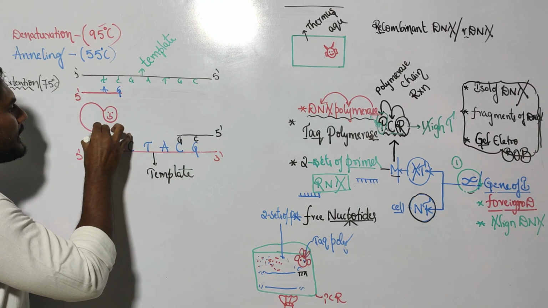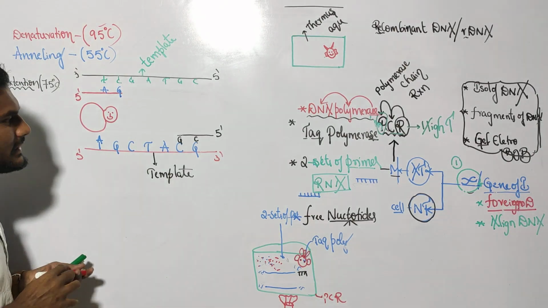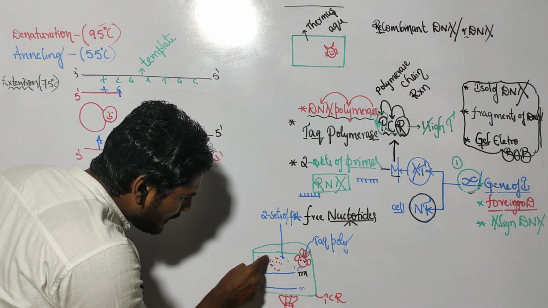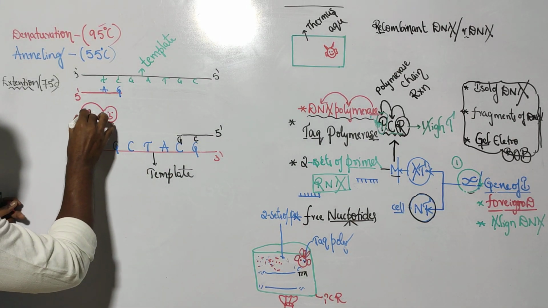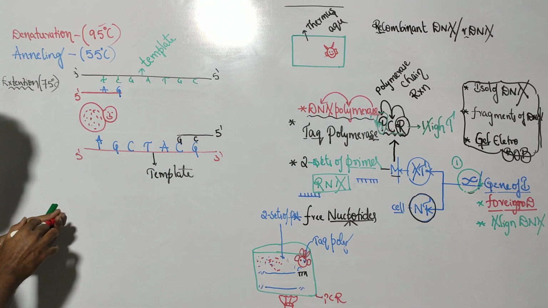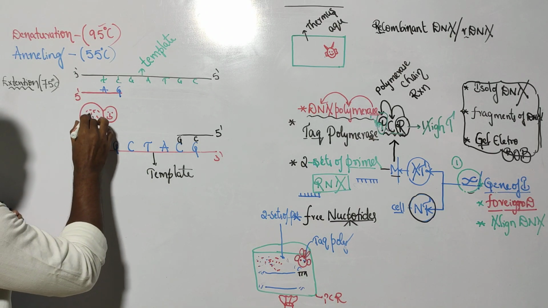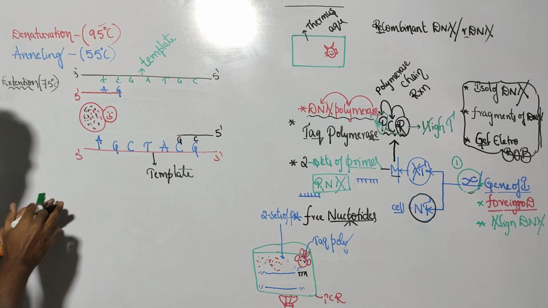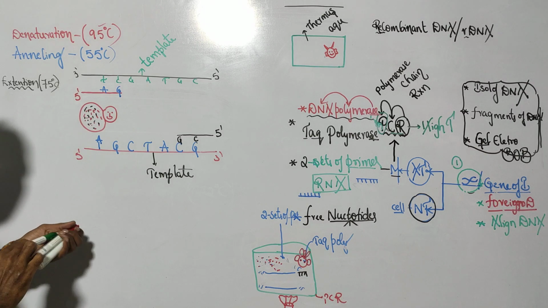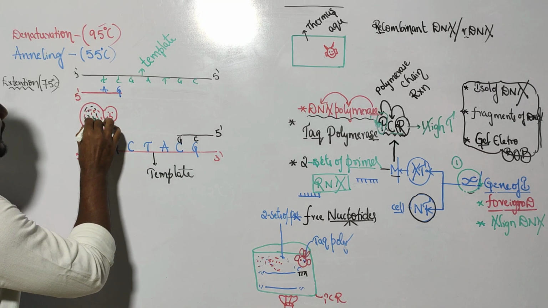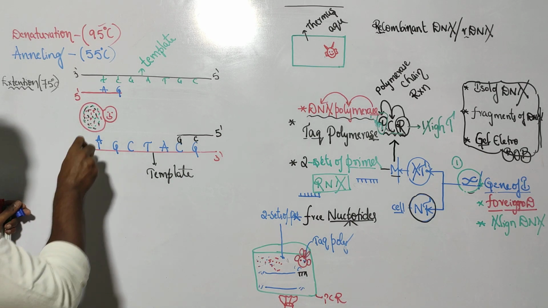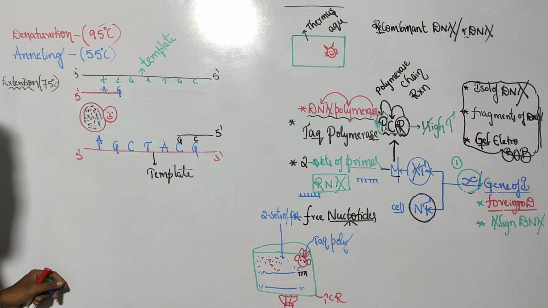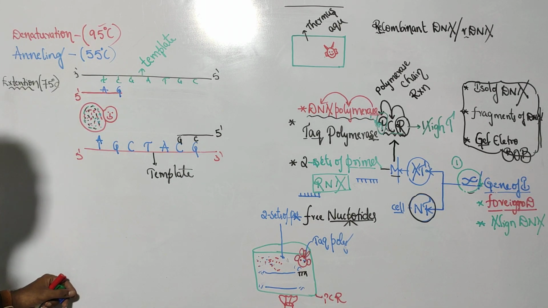In this big bag, what is present? Free nucleotides. It may be adenosine, or guanosine, or thymidine, or cytosine. In this manner, 4 free nucleotides are present inside that bag.